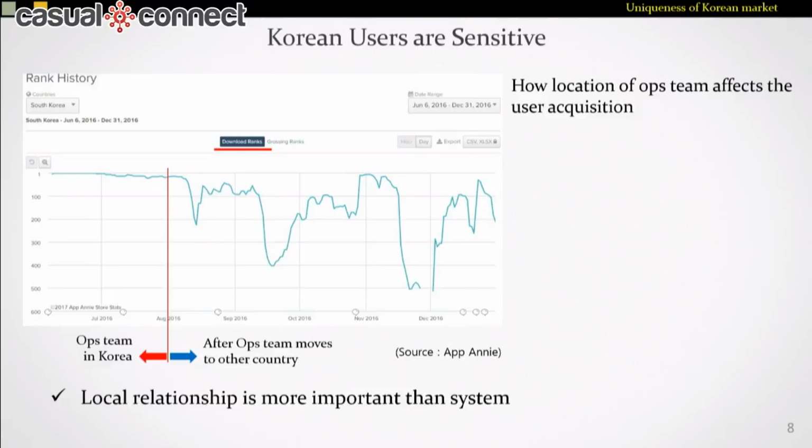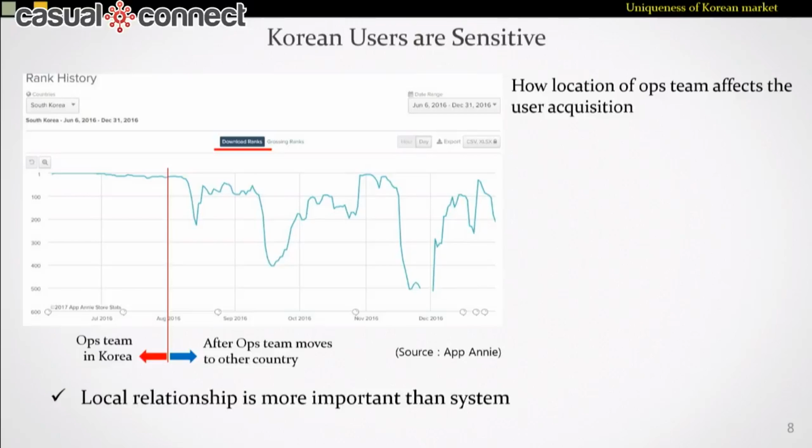Then, 2 months later, the developer decided to move the operation team to their own country to reduce costs. They thought they understood the Korean market and the user behavior. They learned everything, and they just cloned the system to their own country.